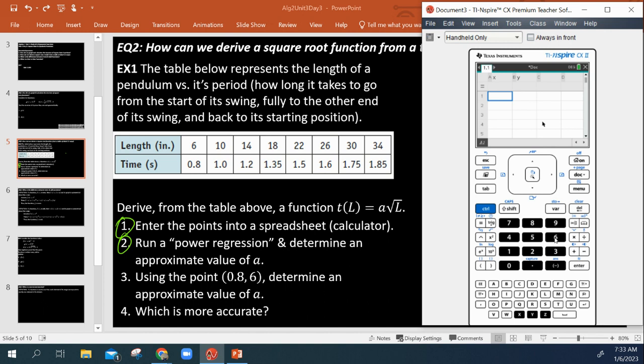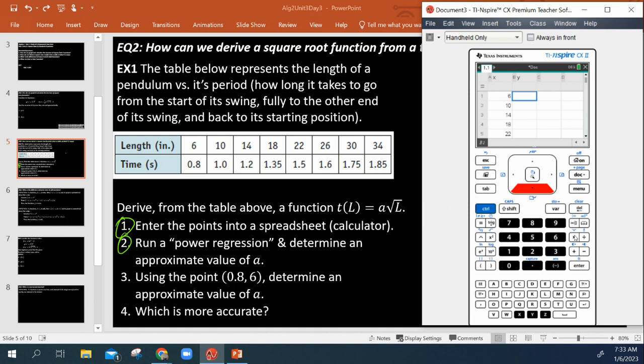First, I'm going to enter those. Those are my x values: 6, 10, 14, 18, 22, 26, 30, and 34. Then I'm going to come back up here and enter my y values.